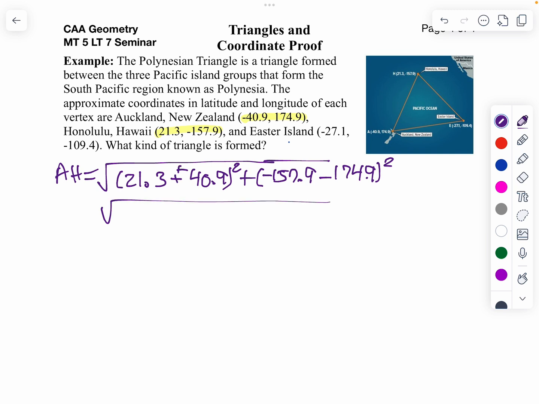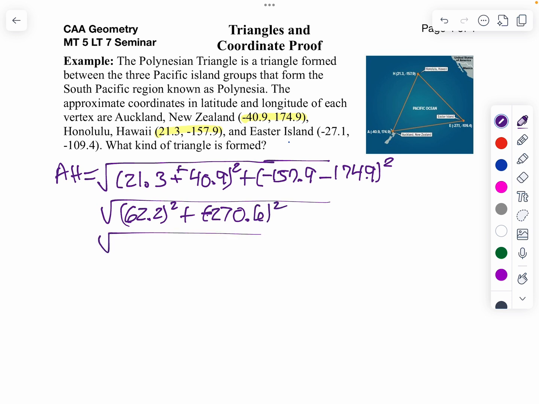So from Auckland to Hawaii, I'll take 21.3 and I'll add 40.9, and I'll get 62.2, and I'll square that. Then if I take negative 157.9 minus 174.9, I'll get negative 270.6, and I'll square that.